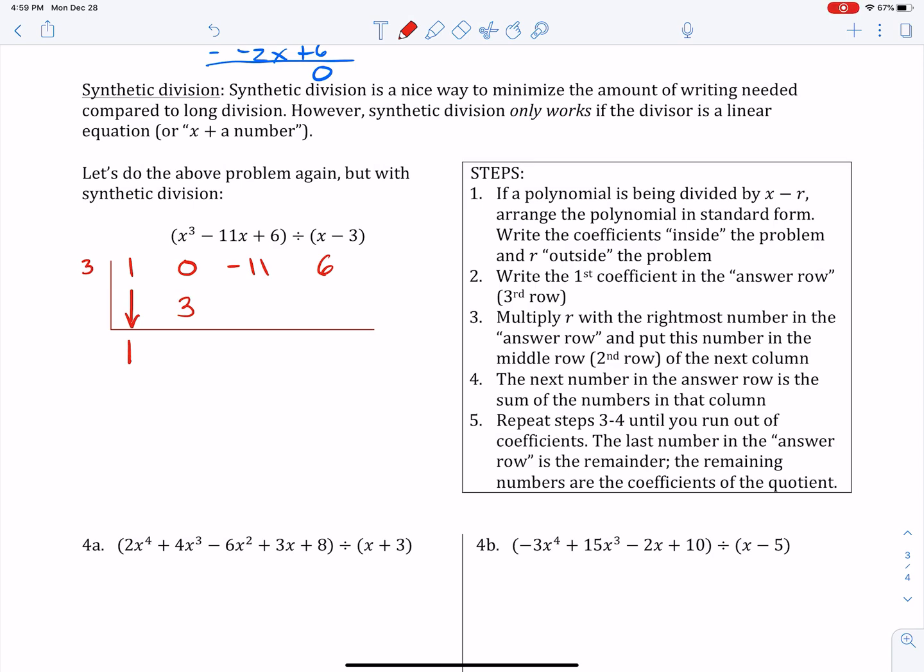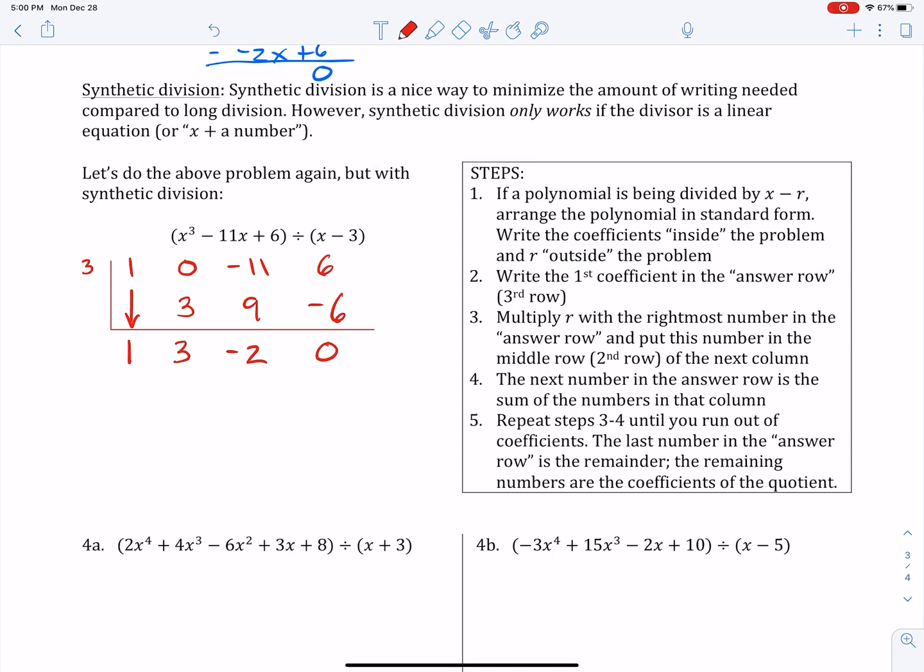Zero plus 3 is 3. 3 times the 3 up there on the top left is 9. Negative 11 plus 9 is negative 2. Negative 2 times 3 gives you negative 6. 6 plus negative 6 is 0.